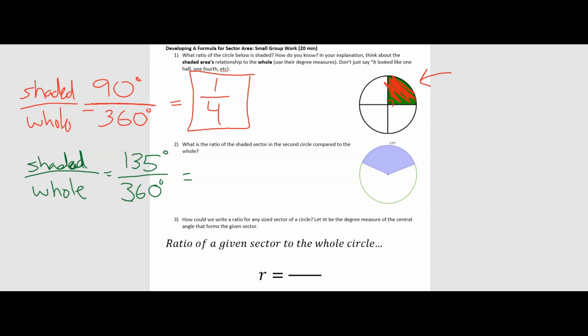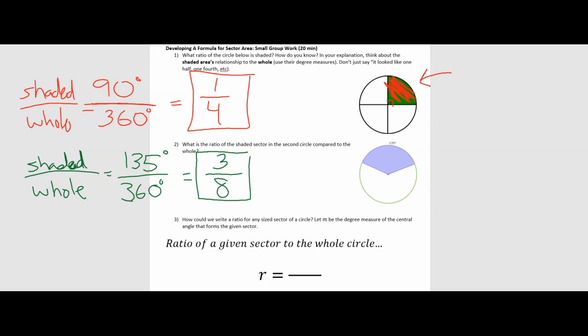It's not 5. In my head, I was thinking it was 15, but it's actually not even 15. There's a number larger than 15 that goes into both of those numbers. That number ends up being 45. If I divide 135 by 45, I get 3. If I divide 360 by 45, I end up getting 8. So that purple shaded area is 3/8 of the entire circle.